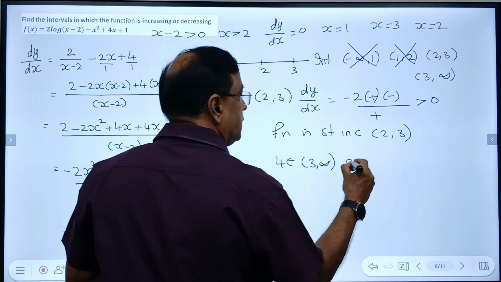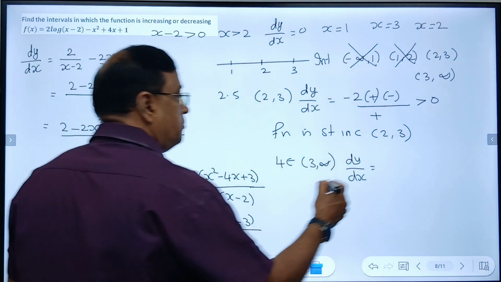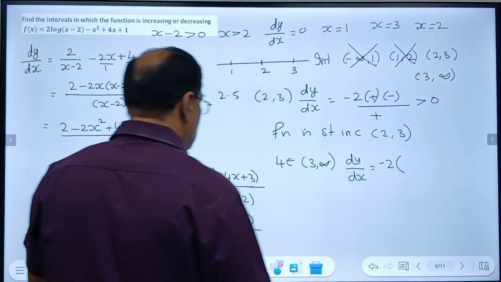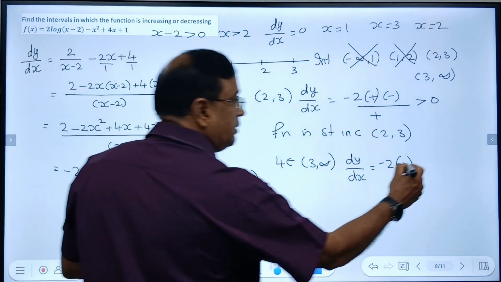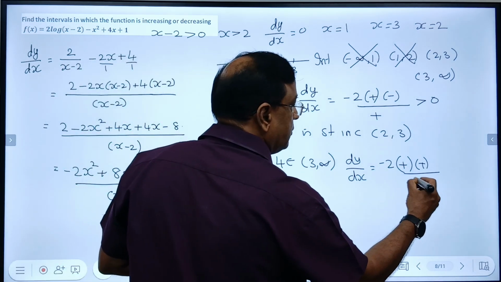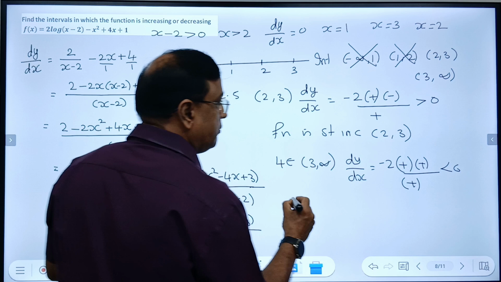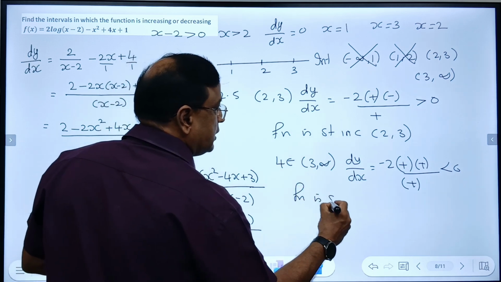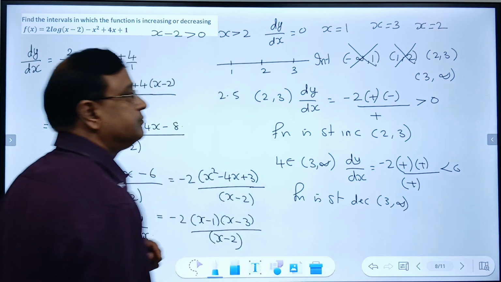So what do I get? Dy by dx will be minus 2 times 4 minus 1 is positive, 4 minus 3 will be positive, and 4 minus 2 will be positive. So this is negative, because negative into positive is negative. Therefore, the function is strictly decreasing in 3 comma infinity.